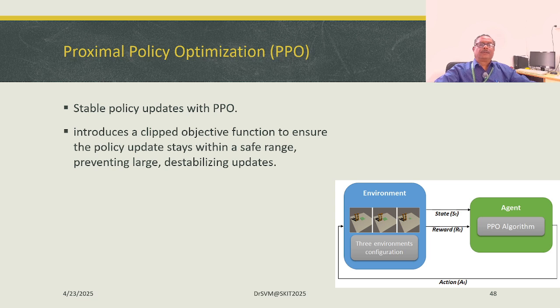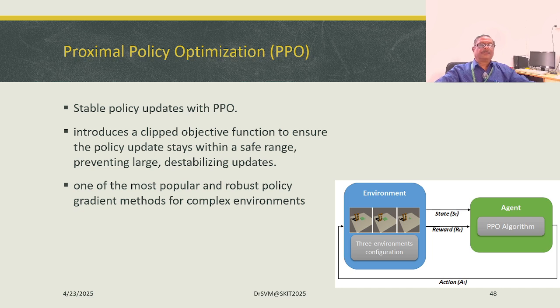So to make sure that our values, especially the gradient values, are in the safe range, we clip them. This is done by the method called proximal policy optimization (PPO). This will avoid destabilizing the updates. It is one of the most popular and robust policy gradient methods when we have highly complex environments.